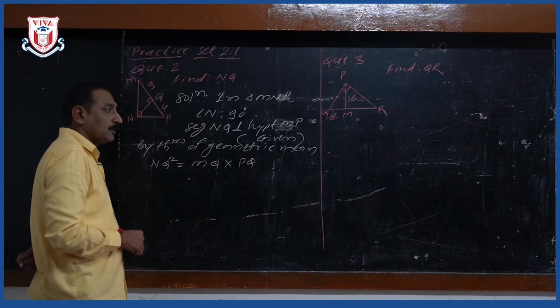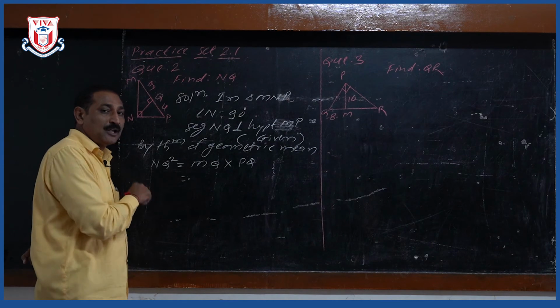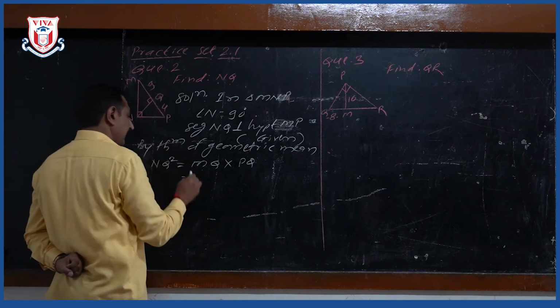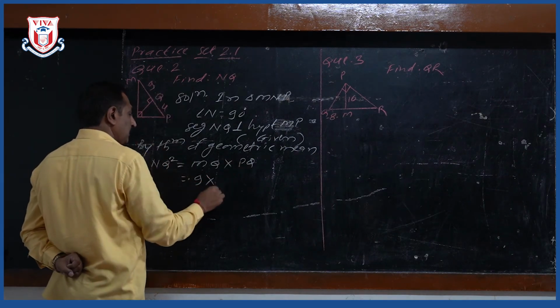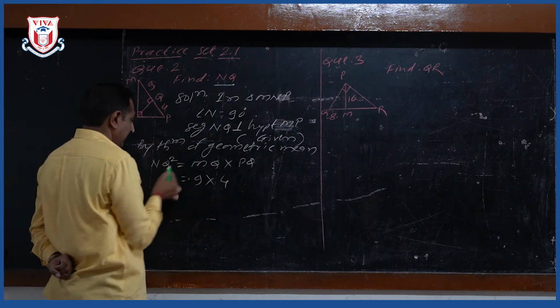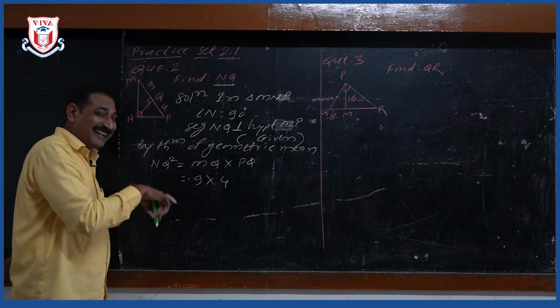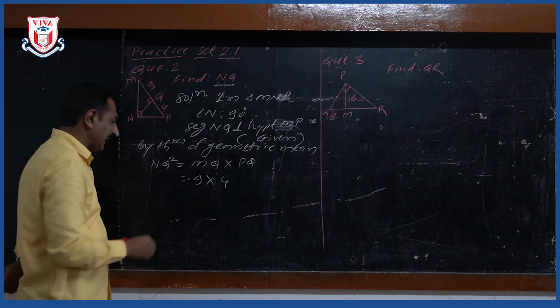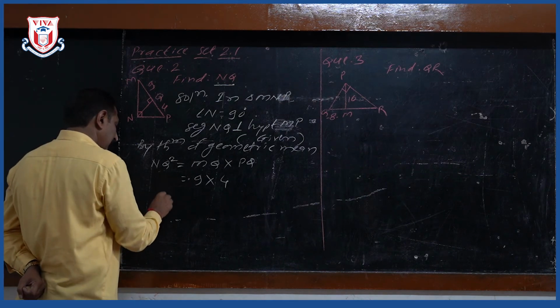Now, substitute the values. MQ is 9, PQ is 4. What do you find here? NQ. Here NQ square. By taking square root on both sides, NQ square is NQ.